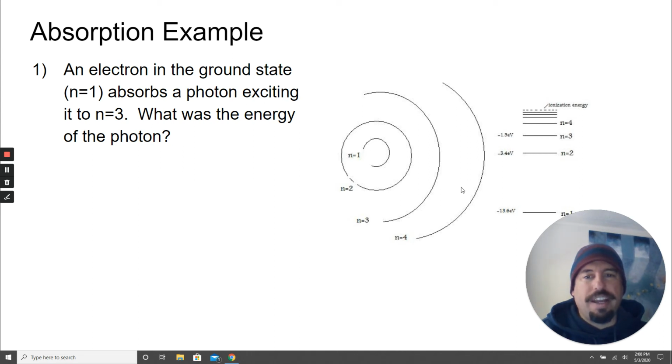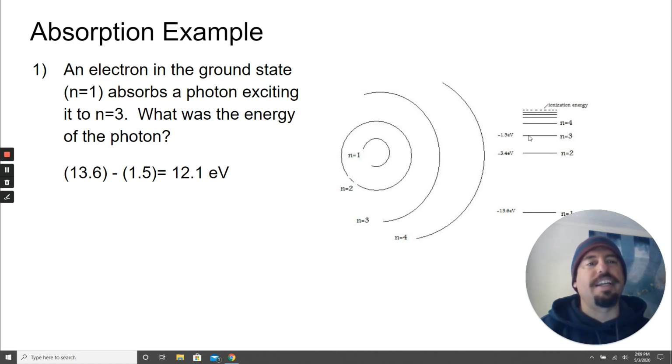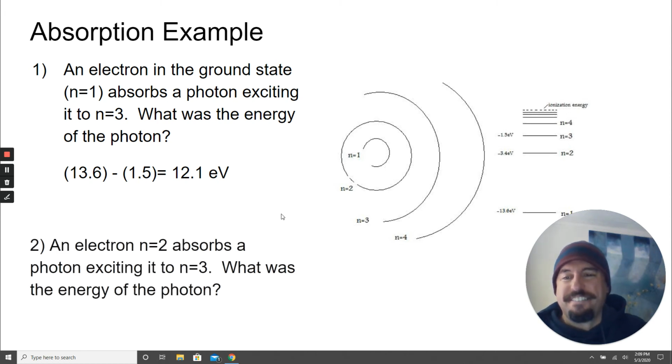Even though they're negative, I just ignore the negative because it's going between this and this. So I would subtract 13.6 minus 1.5. It would take 12.1 electron volts to get it up to this n equals 3 mark. We're just adding and subtracting. It's very simple math, and that's all the math we're going to do for this week's lesson.